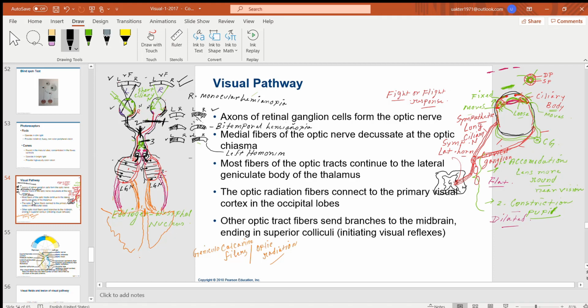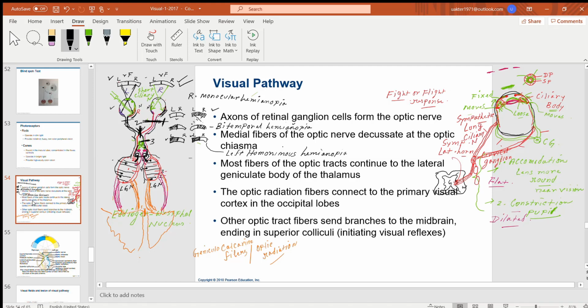Both eyes, left sides, will be affected or will be blind.